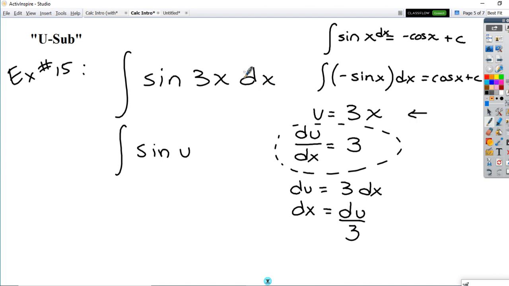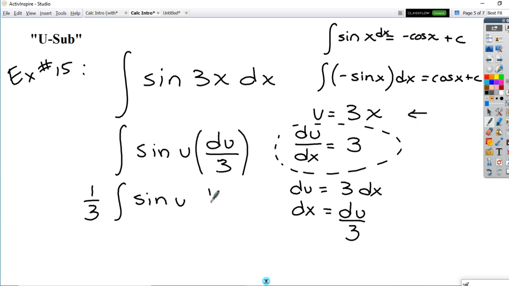So that means that dx can be replaced with du over 3. Now the over 3 part just becomes a multiplier. So we could just pull that out of our integral and write this as 1/3 integral sine of u du.